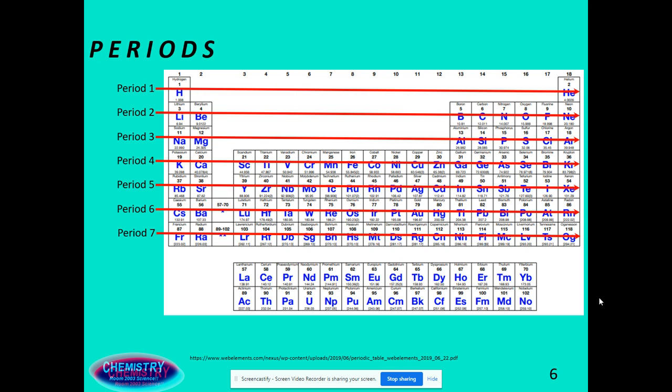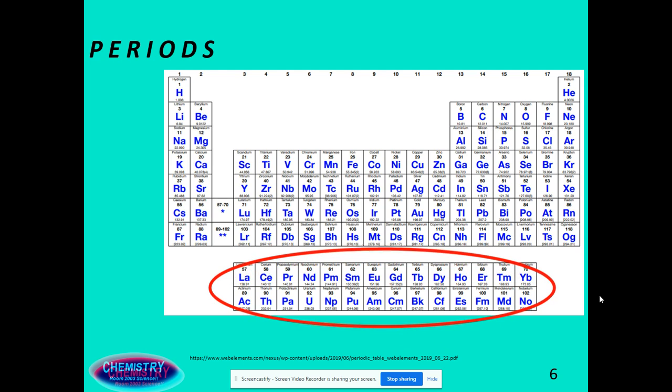And you'll also notice that as you move down the periods from period 1 to 7, the periods pick up more elements. Period 1 only contains 2 elements, hydrogen and helium. As we look at the periods, we also want to notice these 2 layers of elements pulled out down below. Elements with atomic numbers 57 through 70 and 89 through 102.